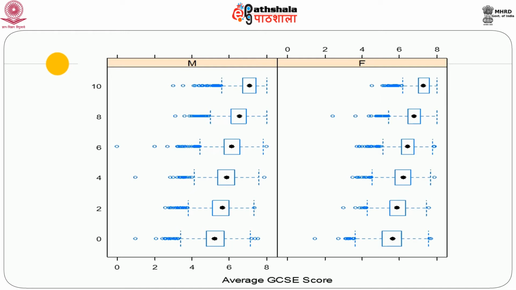In some variants, the whiskers extend to the minimum and maximum of the data, but conveniently they are limited to a multiple of the length of the box. Here also we can always experiment with the choices of the arguments, like varwidth, layout and many more. By changing the values of these arguments, one can observe how the plot changes. So this is what the box and whisker plot says.